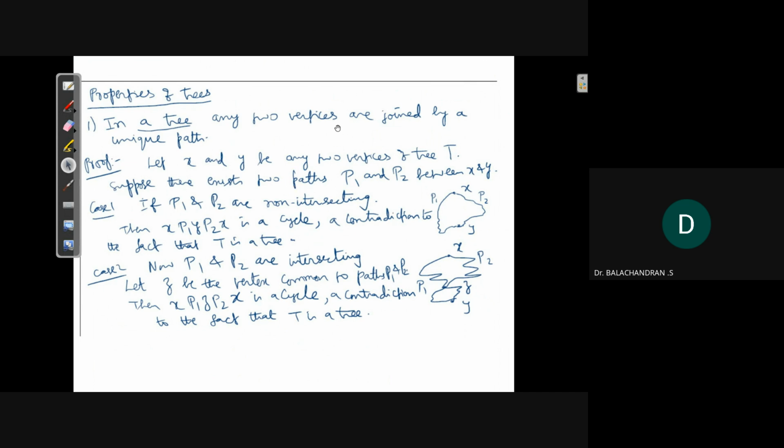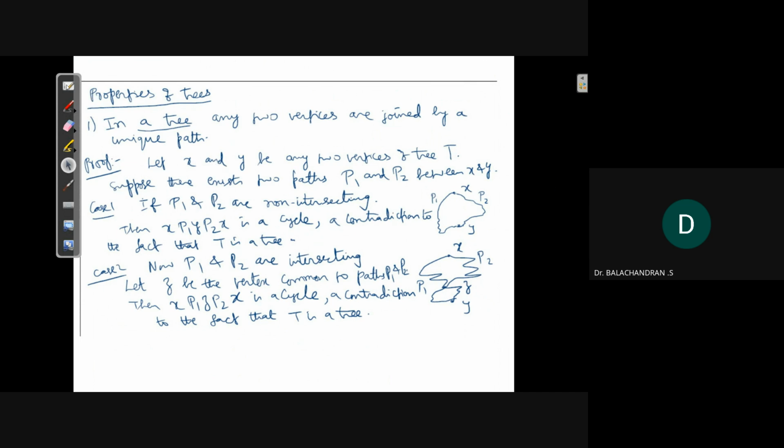I need to prove the two vertices are joined by a unique path, but we are not going to give a direct proof. We are going to give an indirect proof. That means we assume there exist two paths P1 and P2 between x and y.